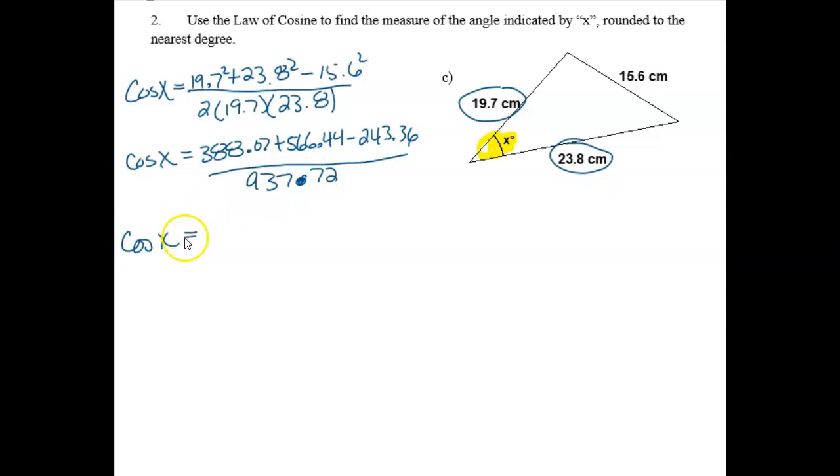Cosine of x, you should have 711.15 and then 937.72.